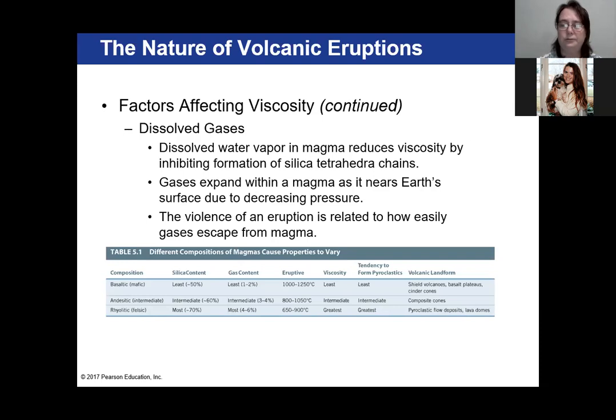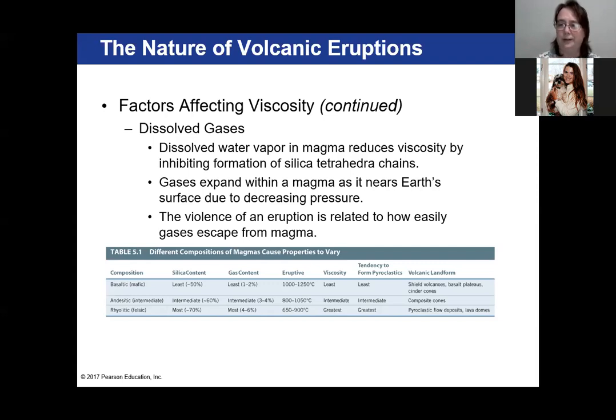As the magma buoys up to the crust, those gases begin to expand because the pressure is lowering. Then as it erupts, they expand even further. So however easily those gases come out of the magma will also determine how gooey or less viscous, or on the other end, how violent, how pyroclastic the eruption is.